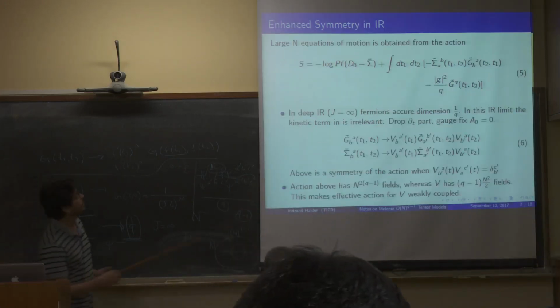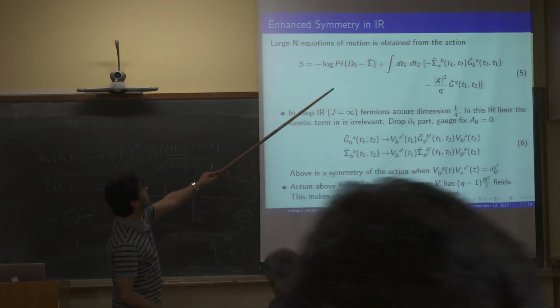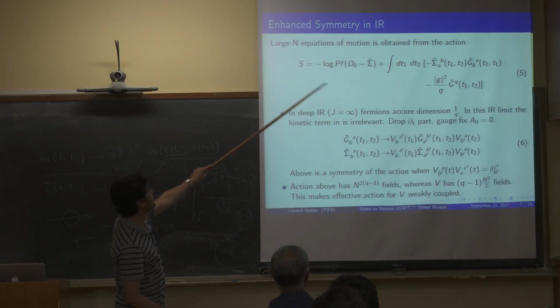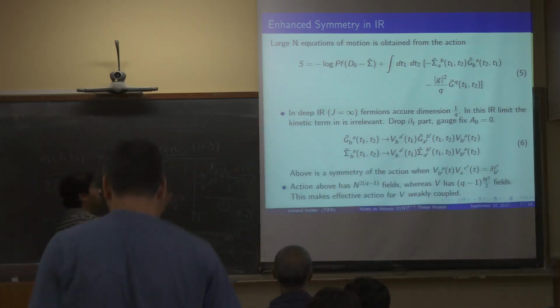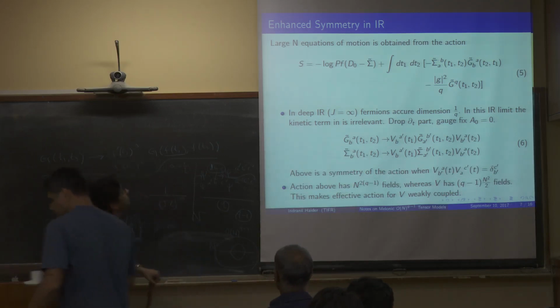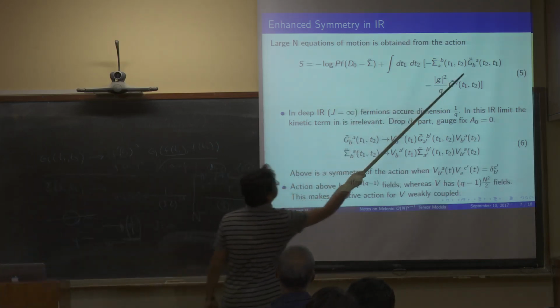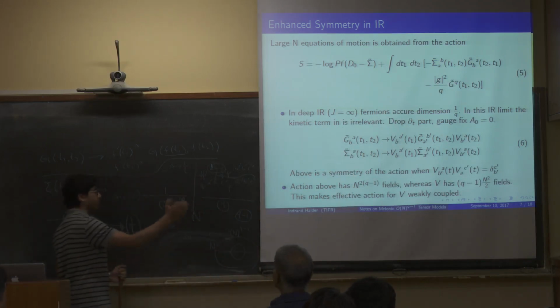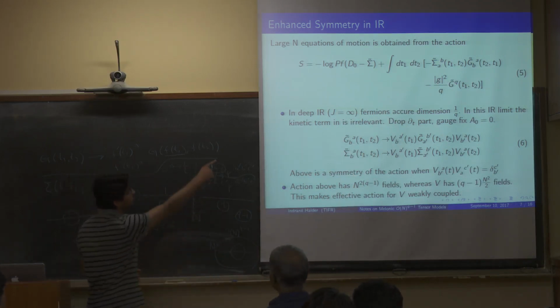And then you write down this action. This action has the property that if you take the classical equations from it, it will give you 2 equations for 2 variations, sigma and g, and these equations are the large n effective equations that you get from the Melonic diagrams. So this gives the correct large n equations.